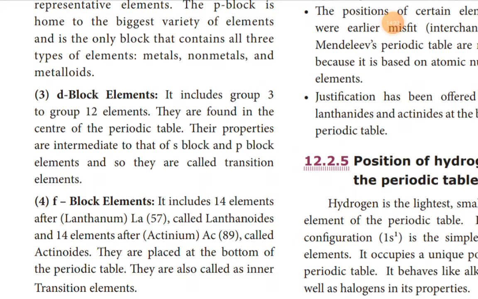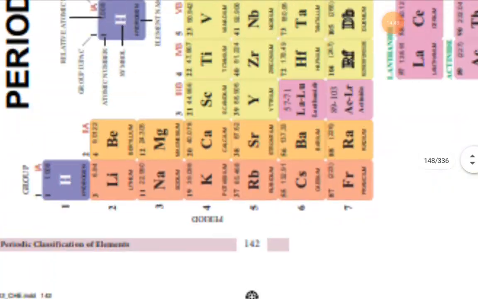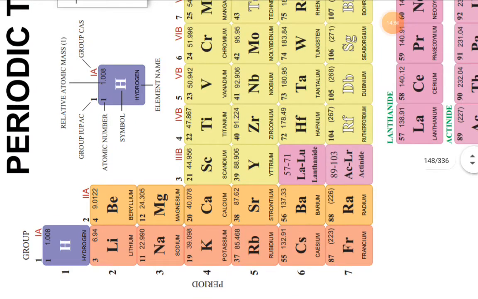These elements should actually be accommodated in the transition group of the D block, at 57 to 71 and 89 to 103. When you see the periodic table, you can understand. That pink color is 57 to 71, lanthanum to lutetium, so 14 elements, which should be placed inside the periodic table.